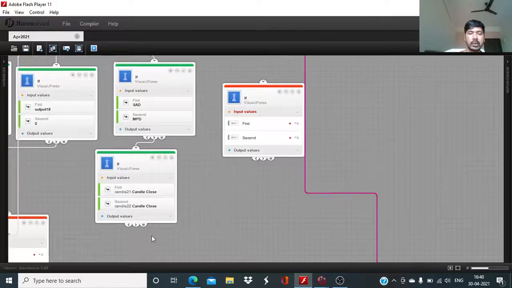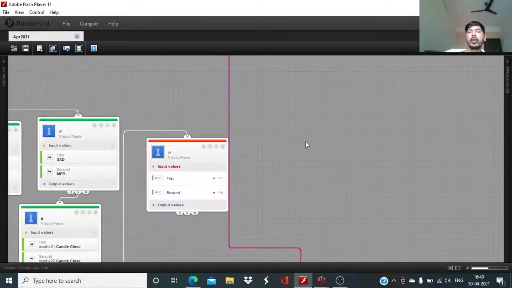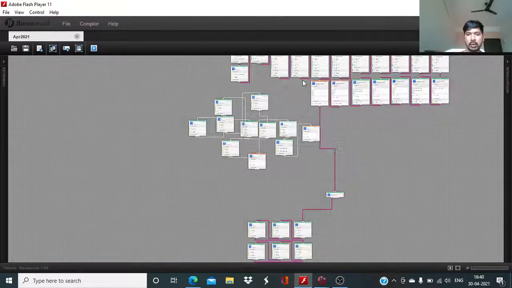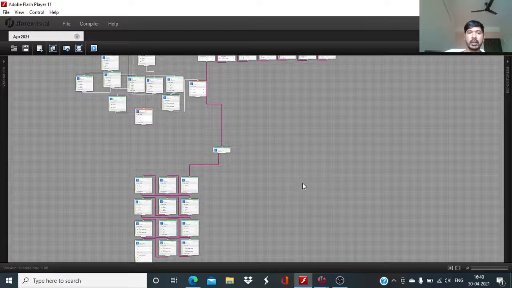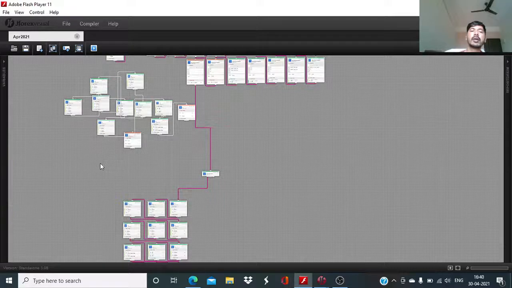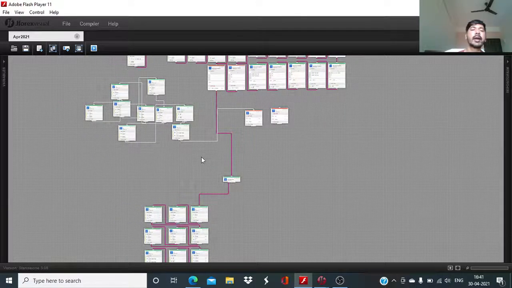First input greater than second input, and I think with this we have mostly defined the conditions involving the price action as well as the indicator Kairi. These two if conditions we will use to define the exact endpoint for the execution of the order. And let us join these blocks.